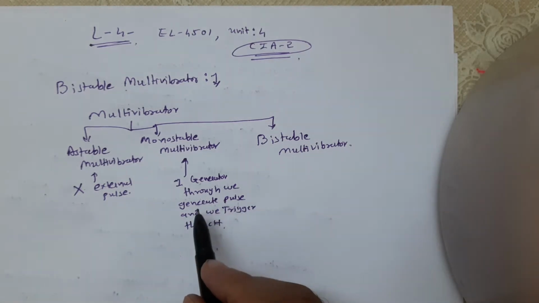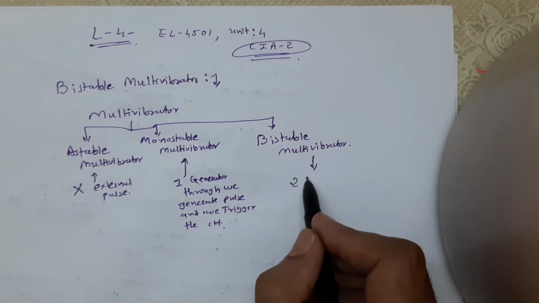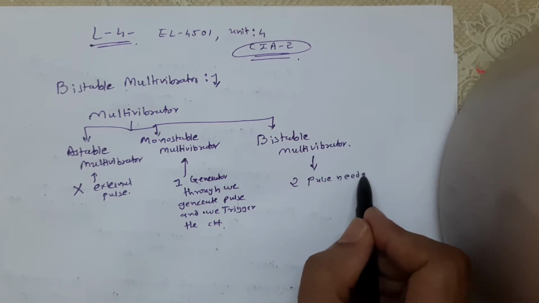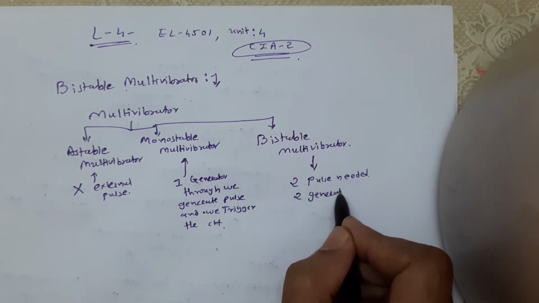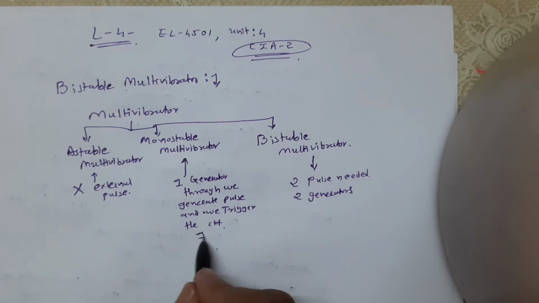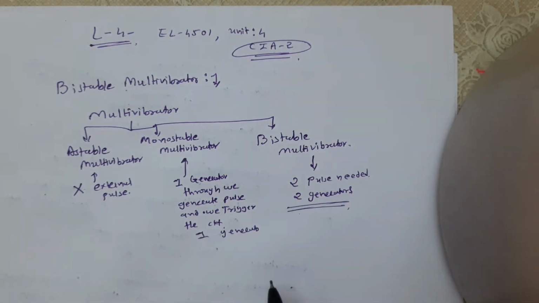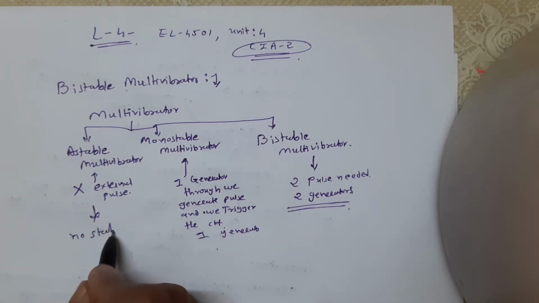to change the state. In bistable, two pulses or signals are needed. So there are two generators. There is one generator here, two generators. Astable, no stable state.